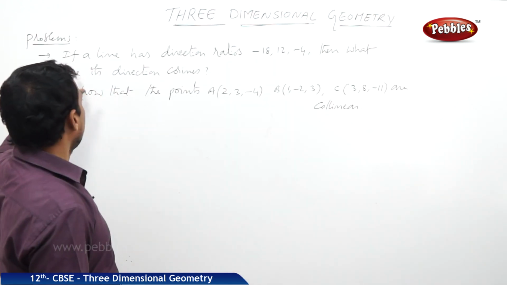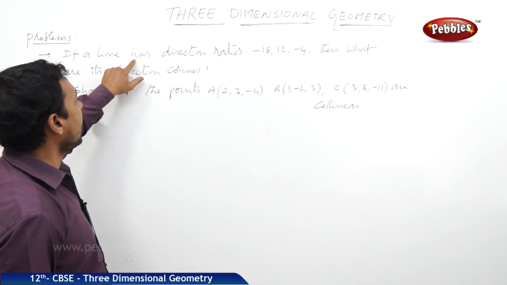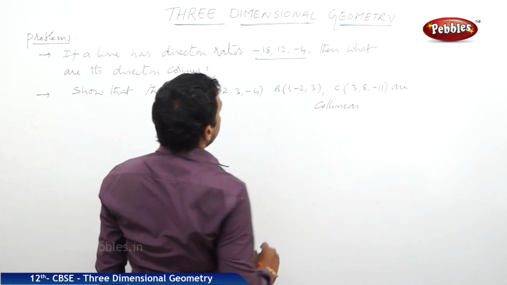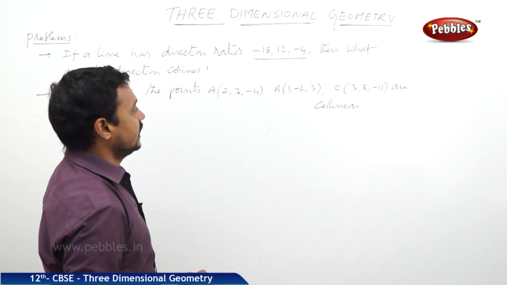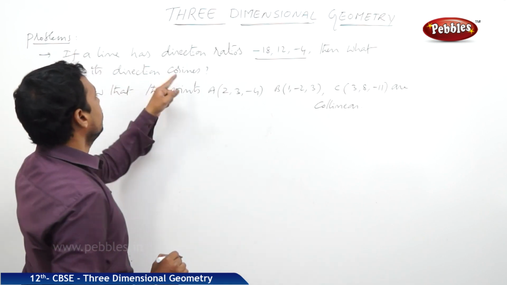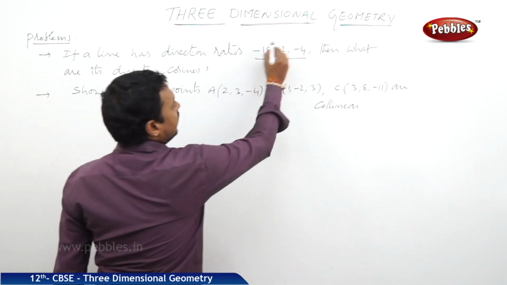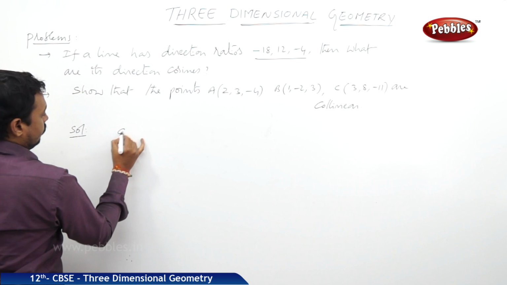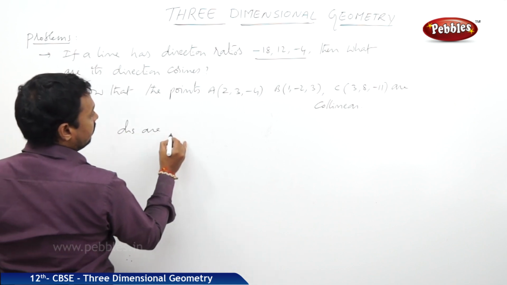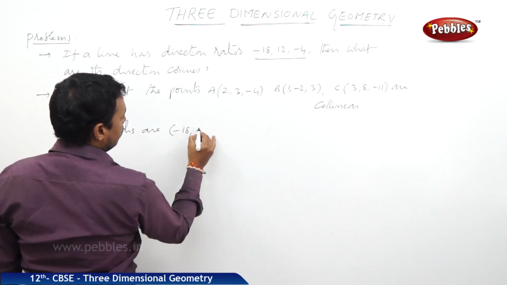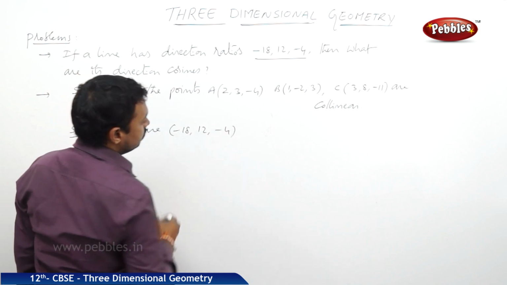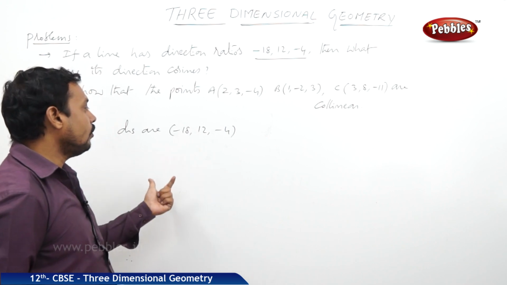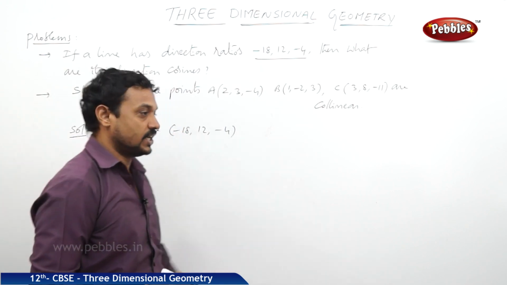Now, there are two more problems. If a line has direction ratios minus 18, 12, minus 4, then what are its direction cosines? Here the direction ratios are given: minus 18, 12, minus 4. When the direction ratios are given, we have a formula to find the direction cosines.